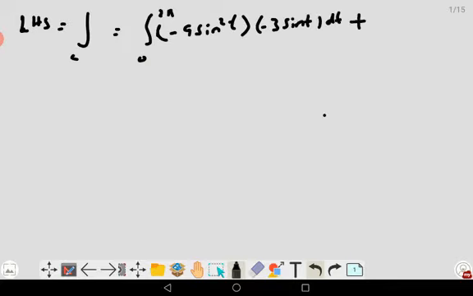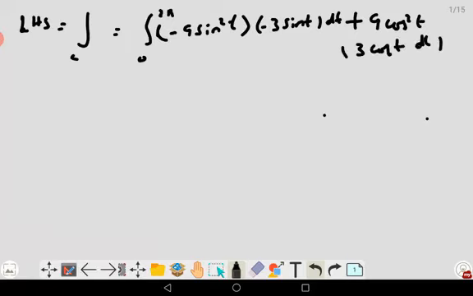Second term, integral from 0 to 2 pi. You can separate or you can write under one integration. Under one integration is possible. So plus 9 cosine squared t and 3 cosine t dt.